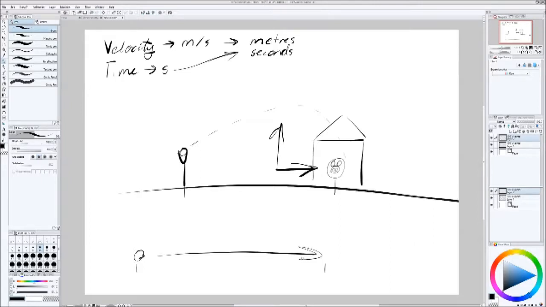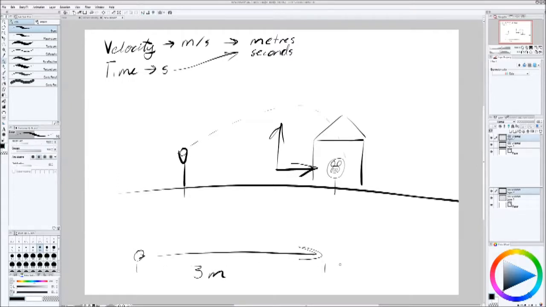So if we think about how far the bird was from the object, let's estimate it. Let's just say that it's about 3 meters. So we've got 3 meters.